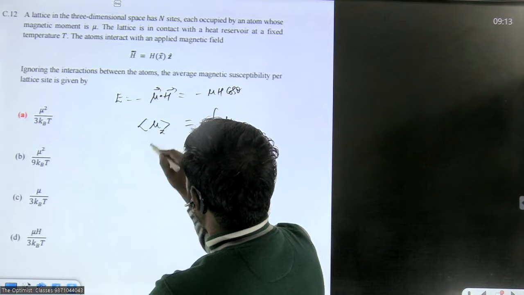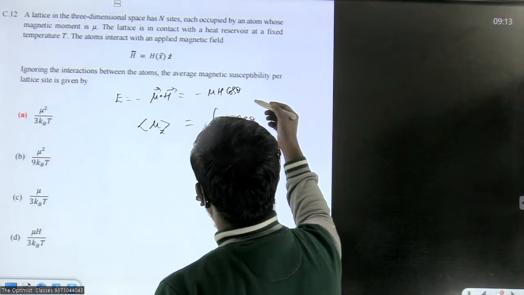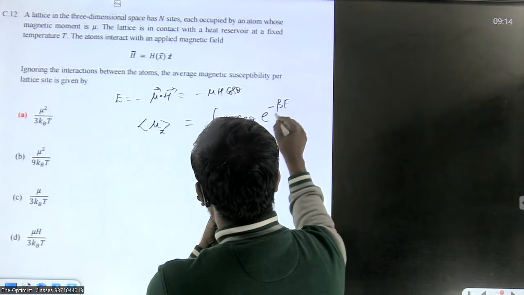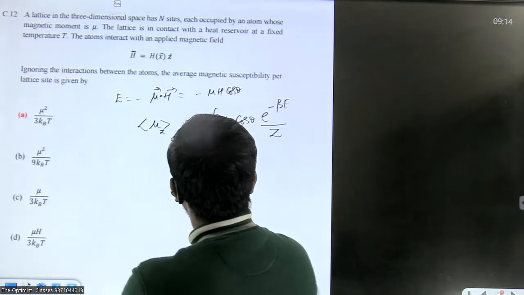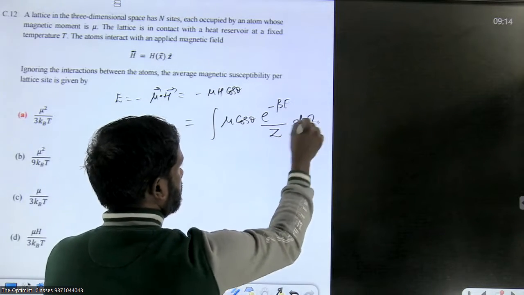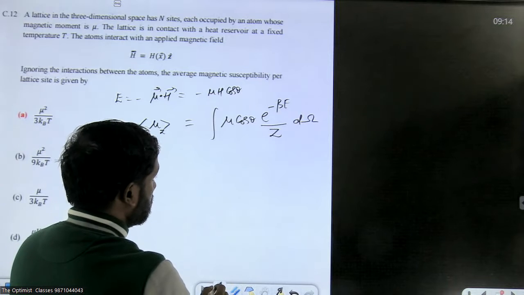This is the Z component of the magnetic moment actually, so this is mu cos theta. And here we'll get the probability term, which is e to the power minus beta E divided by the partition function, and we'll integrate it over solid angle. So that's what we get.